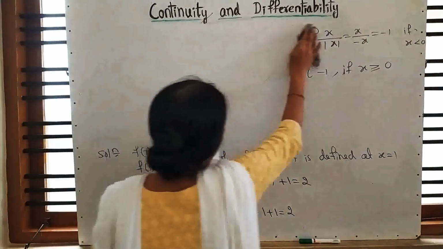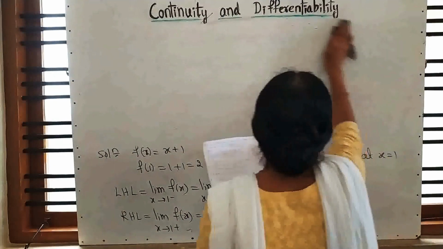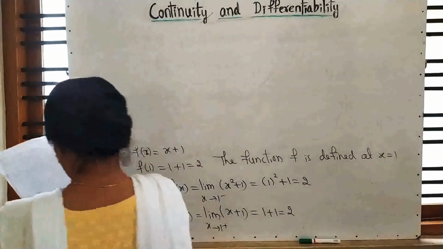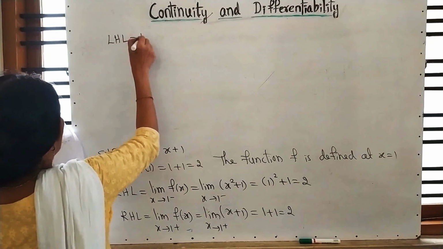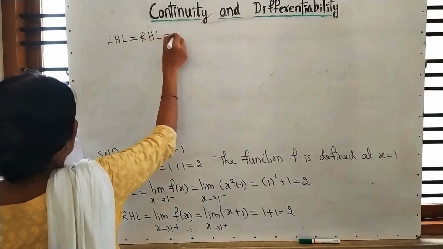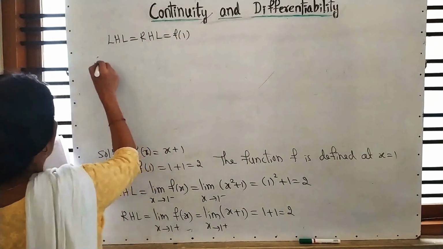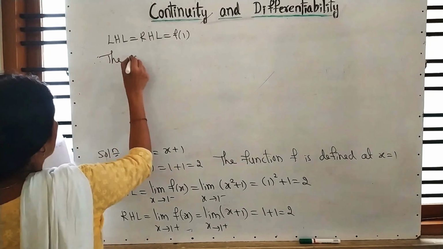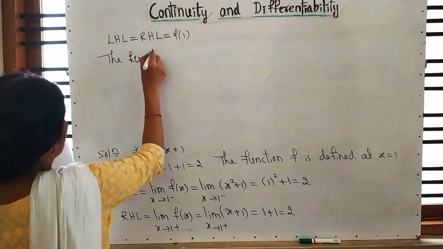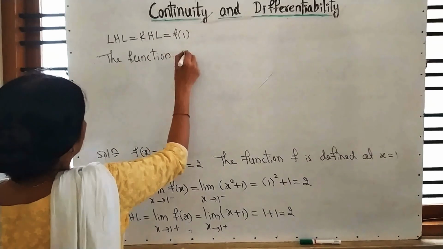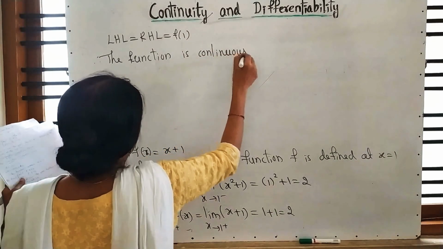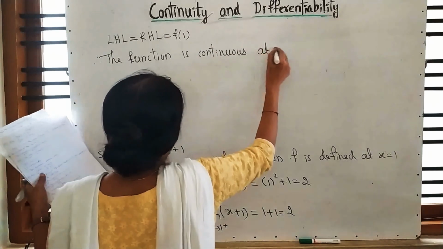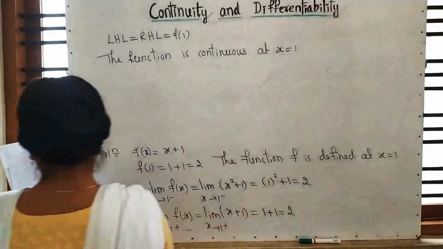There is no point of discontinuity. LHL is equal to RHL is equal to f of 1. Therefore, the function is continuous at x is equal to 1.